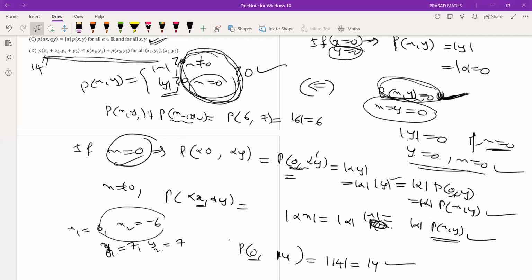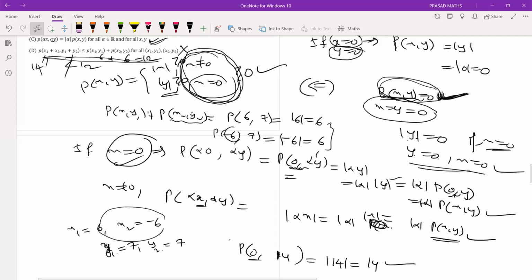What is p of x2 comma y2? x2 is minus 6, y2 is 7. Whenever x is non-zero, mod minus 6 is nothing but 6. So this is 6, this is 6. Sum is 12. Therefore 14, is it less than 12? No. So contradiction. Therefore this is wrong.